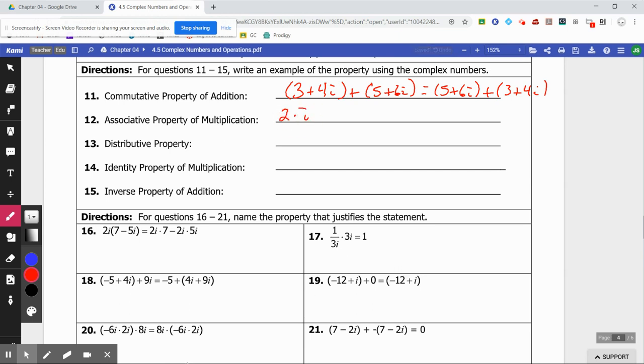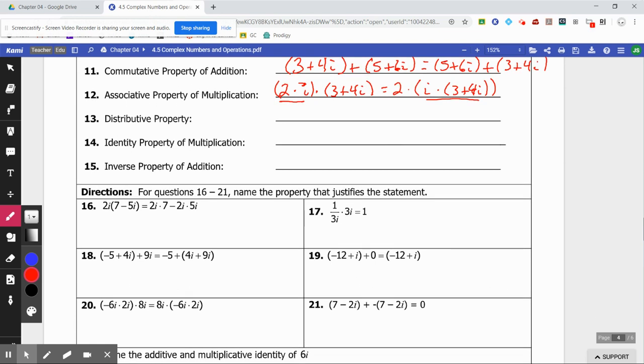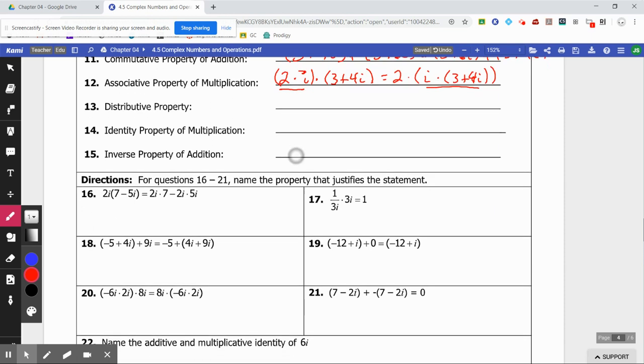So like 2 times i, in parentheses, times 3 plus 4i would be the same thing as 2 times, in parentheses, i times 3 plus 4i. It doesn't matter the grouping. You can do the first two and group them, or you can do the last two and group them. Again, the order of parentheses does not matter.